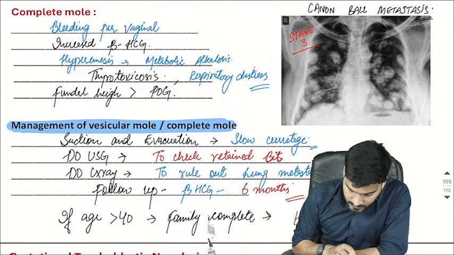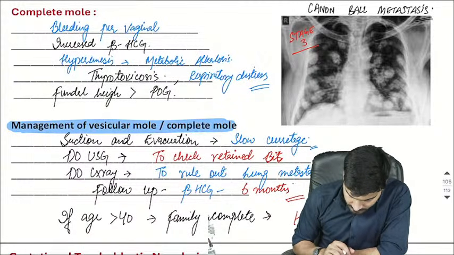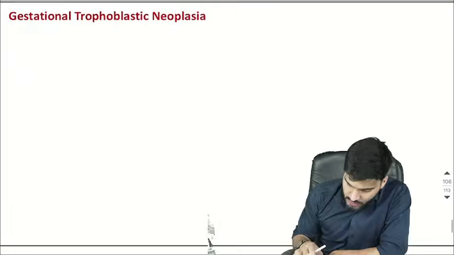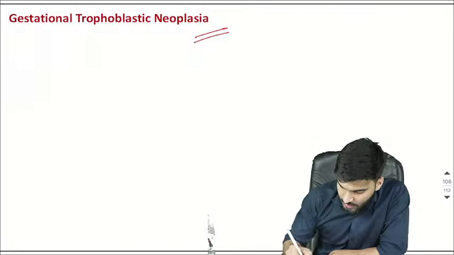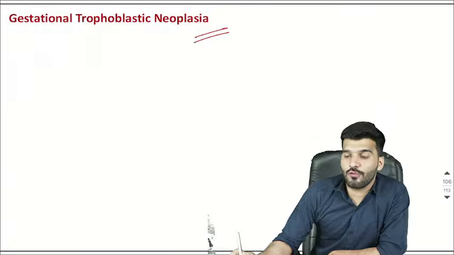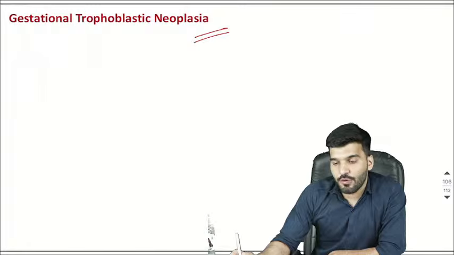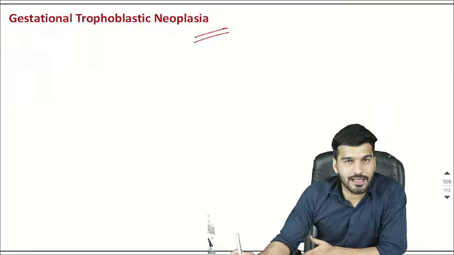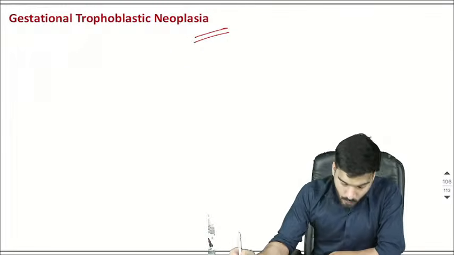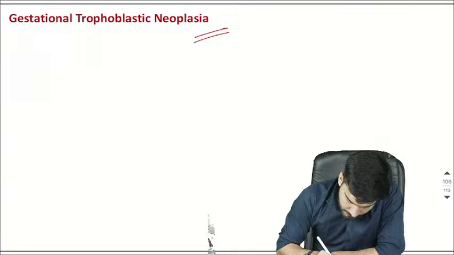Okay. Now, sir, we have a complication of this, which is called gestational trophoblastic neoplasia, because if you leave this untreated, it can lead to malignancy. And what are the complications we have?